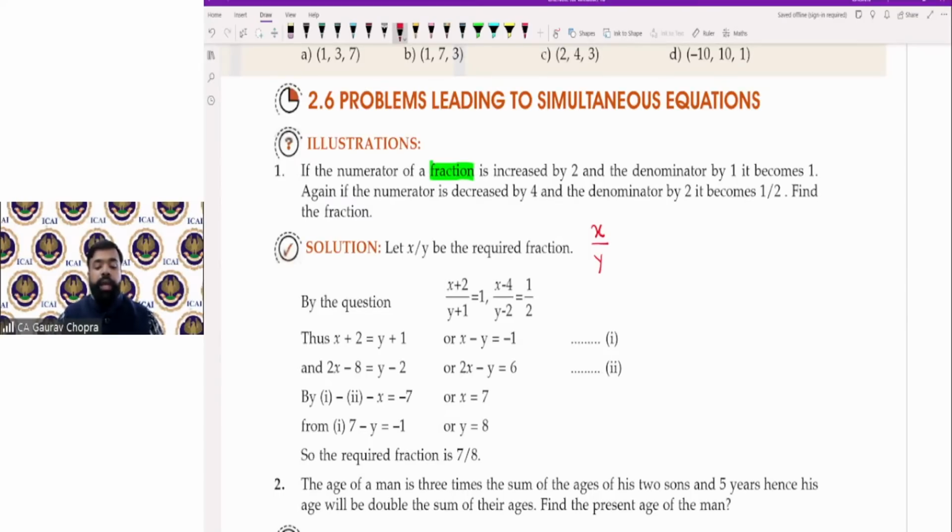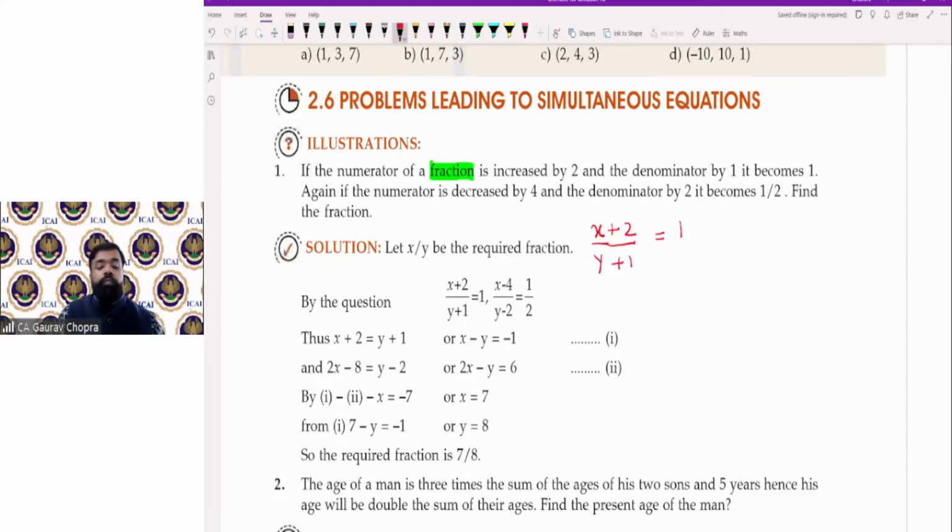Increase the numerator by 2, so add 2 in the numerator, and the denominator by 1, so add 1 in the denominator, and the result is 1. So it is equal to 1. This is the first equation. Okay, from this first statement, you have got this equation: x plus 2 upon y plus 1 is equal to 1.